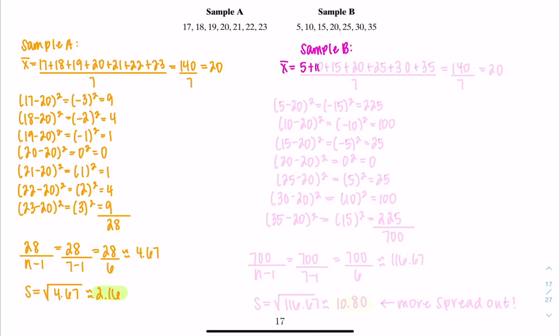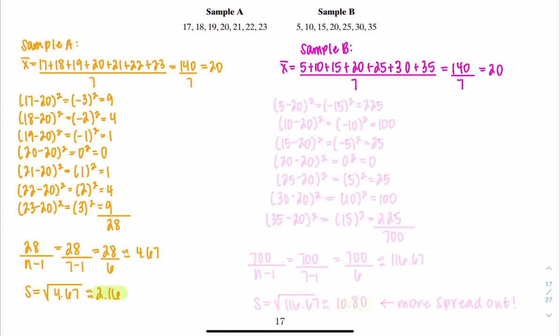That's 5 plus 10 plus 15 plus 20 plus 25 plus 30 plus 35. And we're going to divide the whole thing by 7. That's 140 over 7, which is again 20. So we had two very different data sets, but we have the same mean.